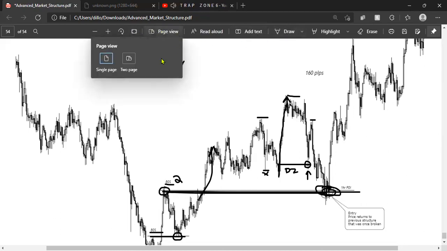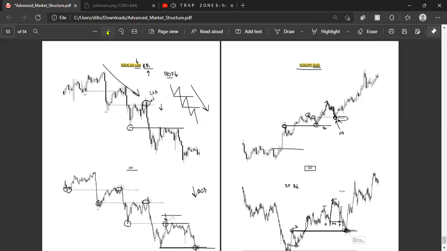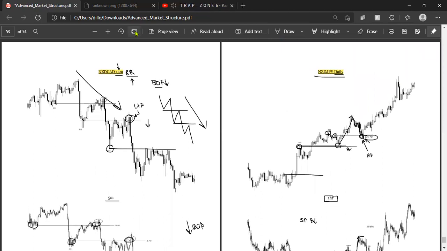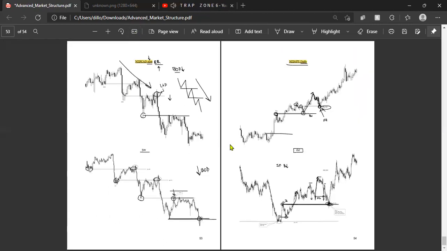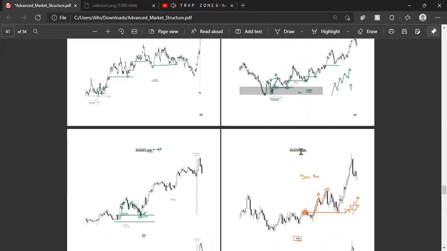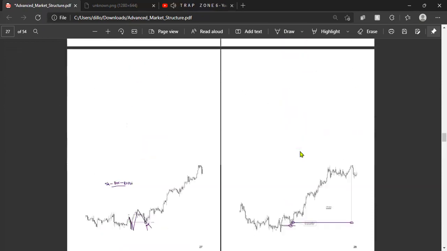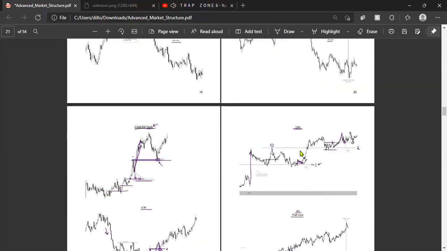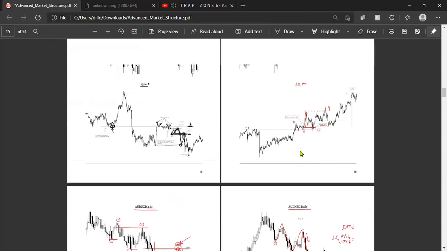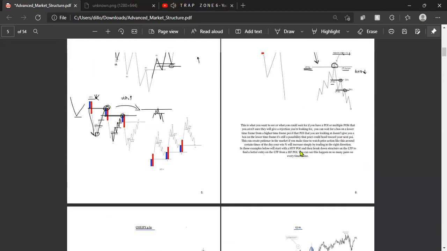But that is it for this series. It's crazy. We went through every single page, and yeah, hope you guys got a lot of value from this. We went over a lot of setups, right? We went over a lot of setups.